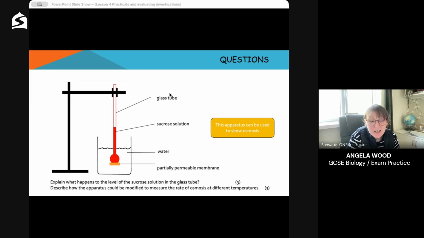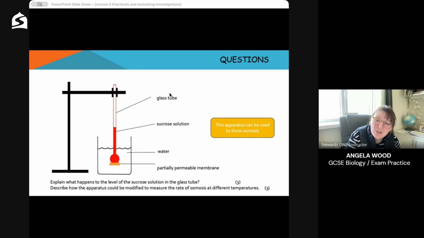So you need to say that the level of sucrose solution in the glass tube will go up, or it will rise. That's 1 mark. And you get the other 2 marks by saying that's because the water will move by osmosis from the high water concentration in the beaker to the lower water concentration in the tubing, because there's water in there, but there's sugar as well, so it's a lower water concentration.